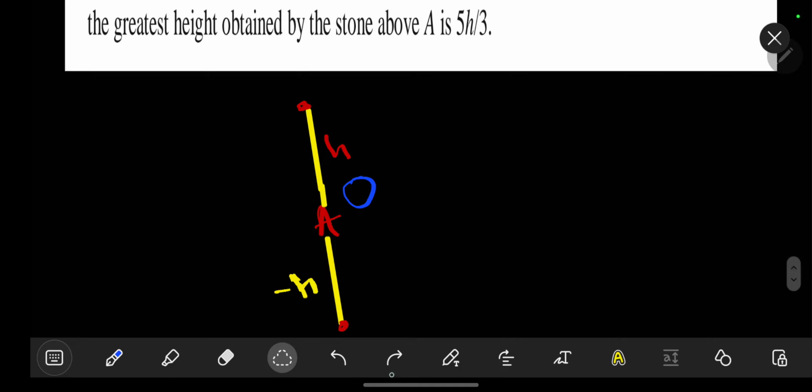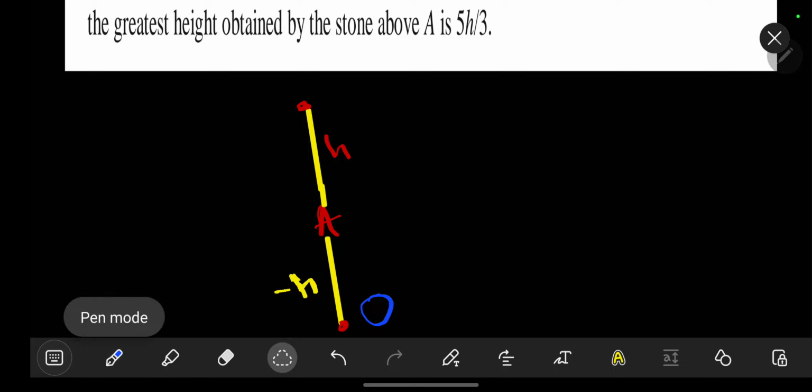So let's say this is the stone, it goes up like that. When it is here, let's say that the velocity is v1, then it begins to come down like that. Then the velocity at the same distance h below A, which we are going to call negative h, is double the velocity.